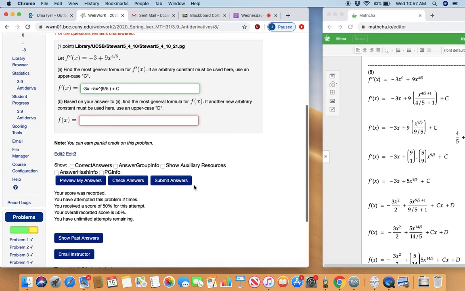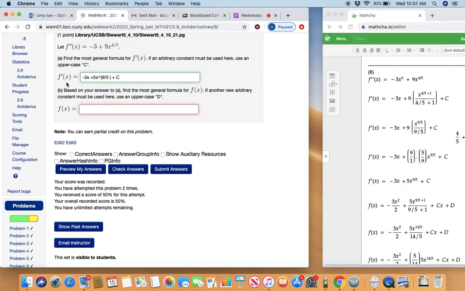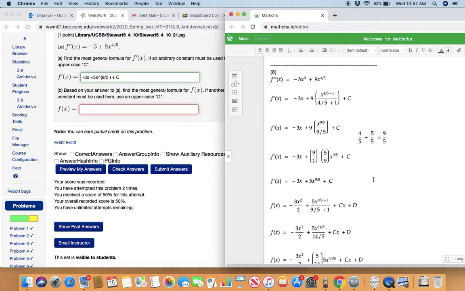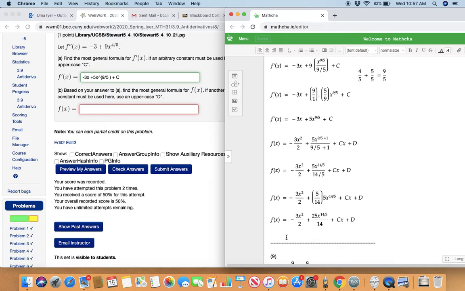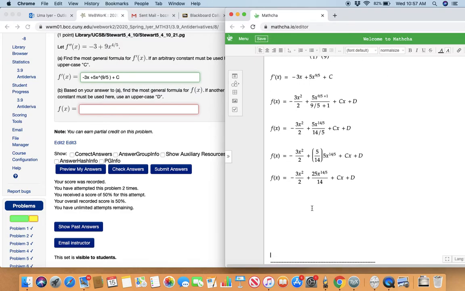Okay, now we need to continue to f. All right, so this is f prime. So f would be the antiderivative. So continuing, okay, so that is f prime. Continuing, antiderivative. This is x power 1.